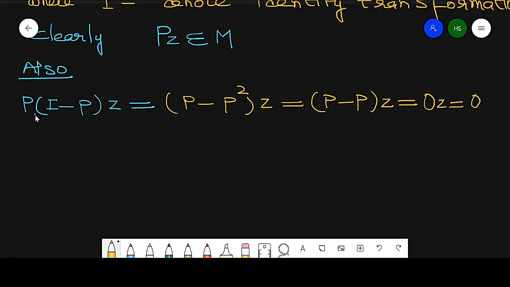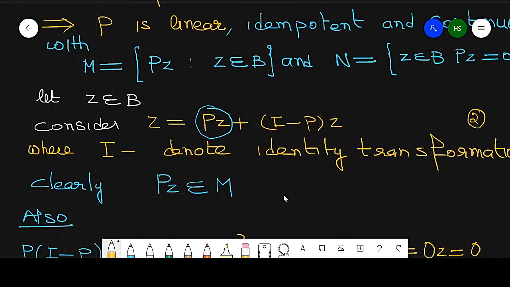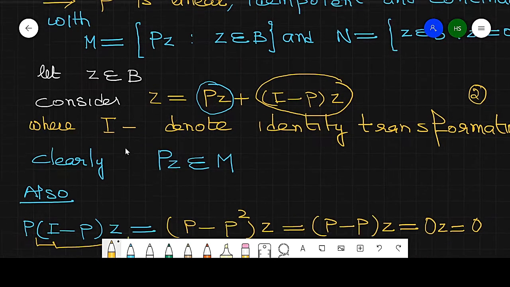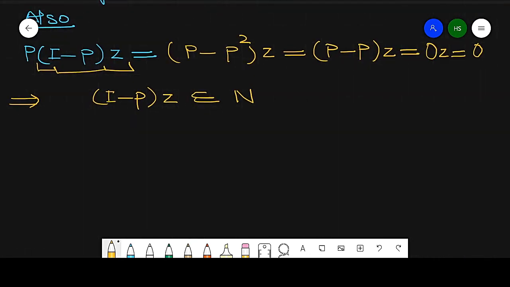If the image of this term is equal to 0, it implies (I minus P) Z belongs to the null space, which is N. So the first part belongs to M and the second part belongs to N. So Z, a vector of B, belongs to M plus N.